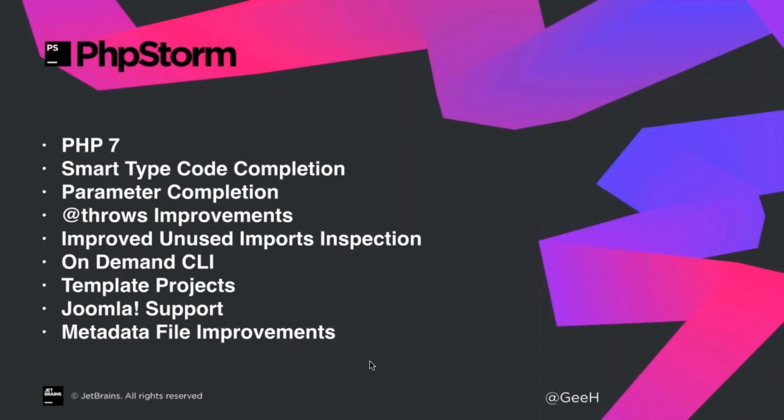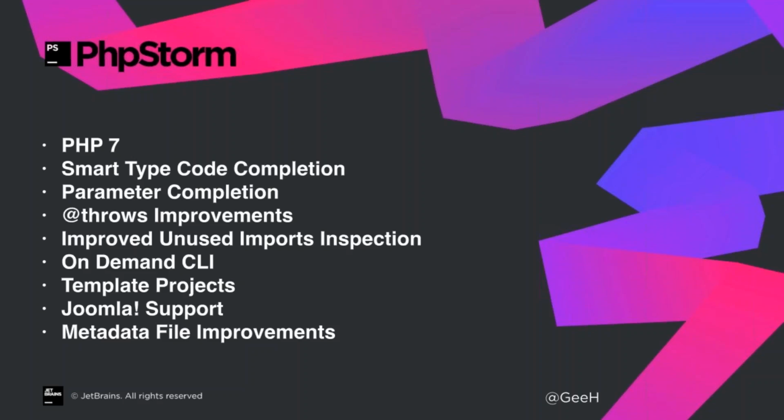So on a per project basis, you can use this meta file to invoke code completion on things that PhpStorm wouldn't actually be able to infer otherwise. I'm not going to give a demo of it today because it's kind of a full webinar or video of its own, but keep your eyes open. We've done tons of improvements around this area, and the idea is that you should be able to generate your own meta files for your own projects or your own framework.